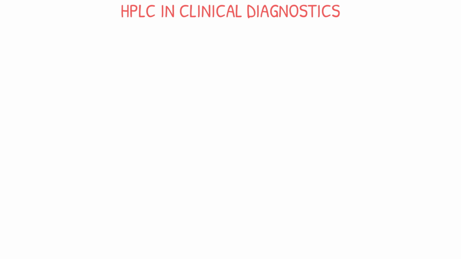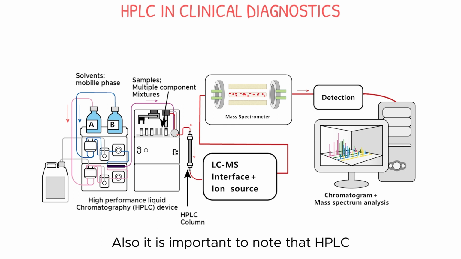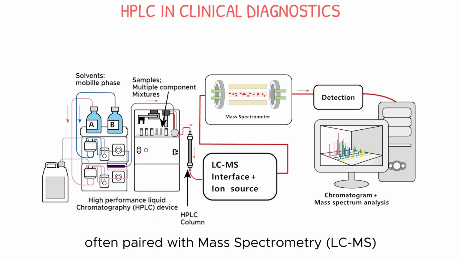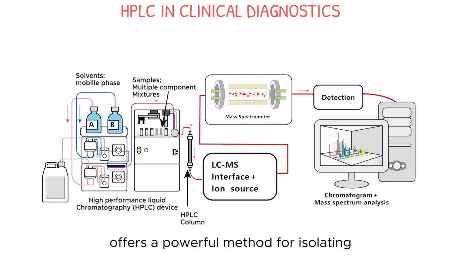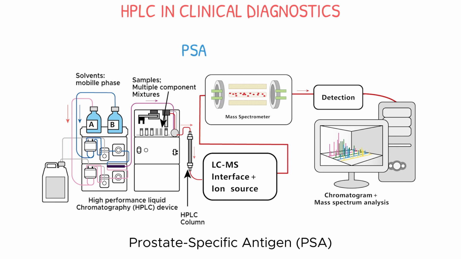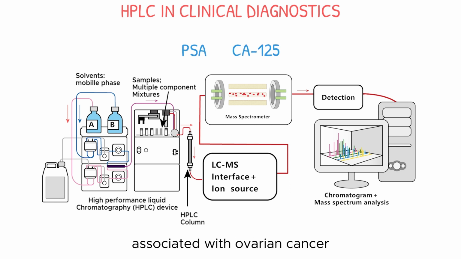These products on the market reflect the significant role of HPLC in clinical diagnostics, and in particular, the management of diabetes. Also, it is important to note that HPLC, often paired with mass spectrometry, or LC-MS, offers a powerful method for isolating and measuring proteins and peptides that may act as cancer biomarkers. For instance, prostate-specific antigen, or PSA, a biomarker of prostate cancer, and CA125 associated with ovarian cancer can both be identified and quantified using this combined approach.